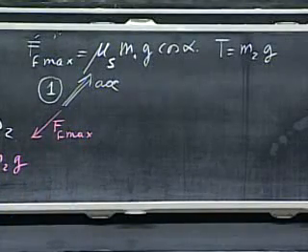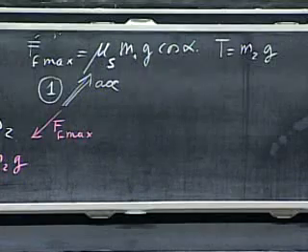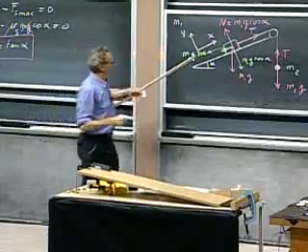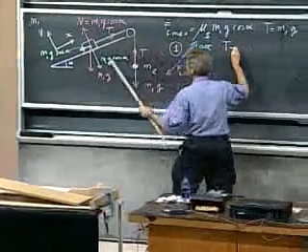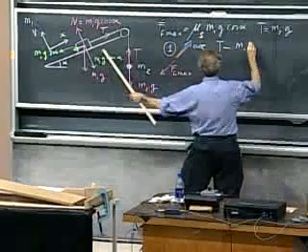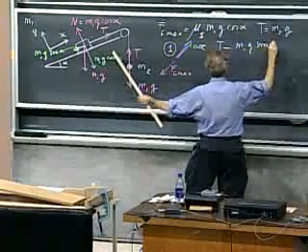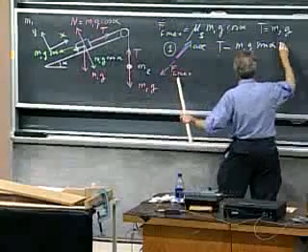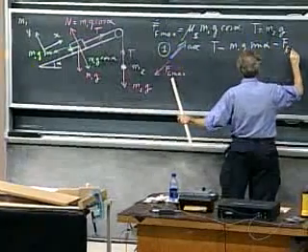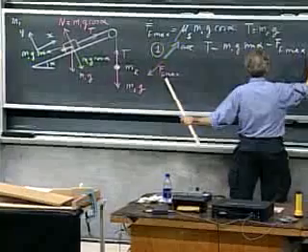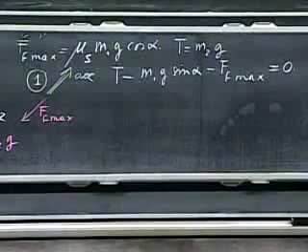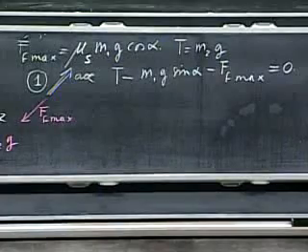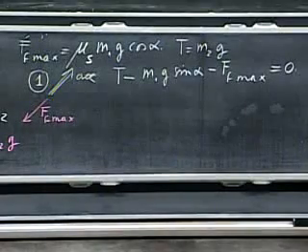Now I can write down in the x direction Newton's second law. Now I have T, which is in the positive direction, minus m1g sine alpha, minus f max. That now has to be 0, just at the moment that it is just about to change its mind and start accelerating.